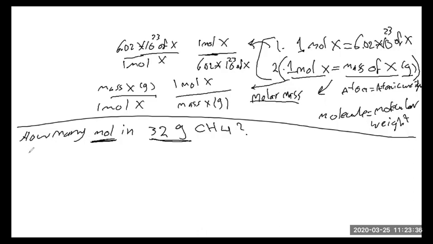So here, start with the given information: 32 gram CH4 times that conversion factor, meaning 2. Now, it's very important how you write it down. Which one will go to the top, which one will go to the bottom, the denominator?